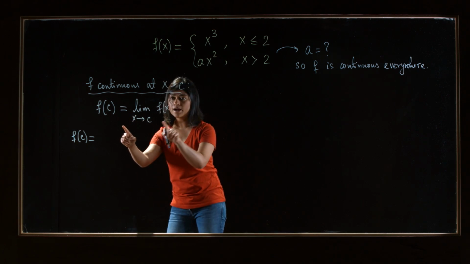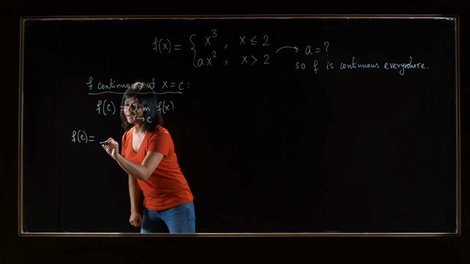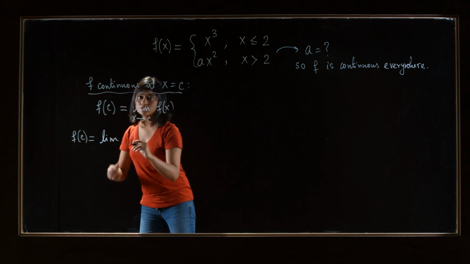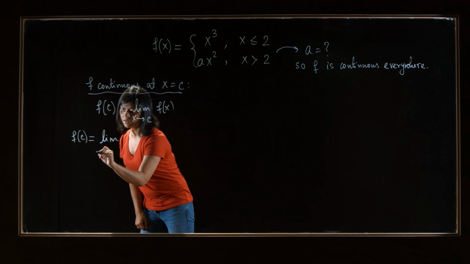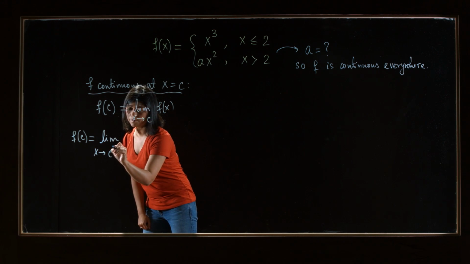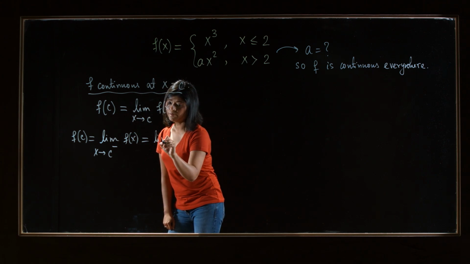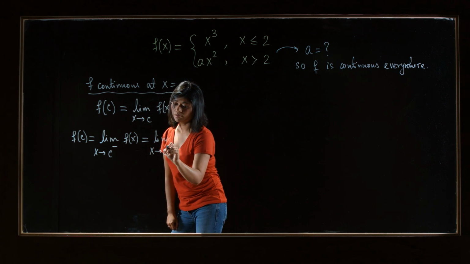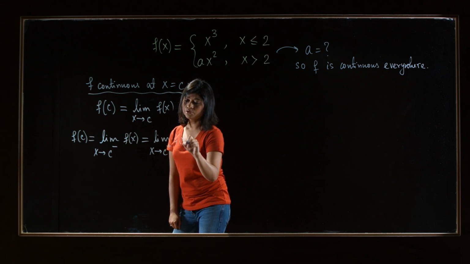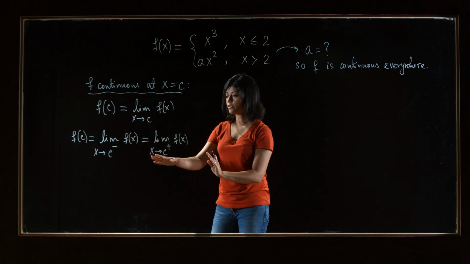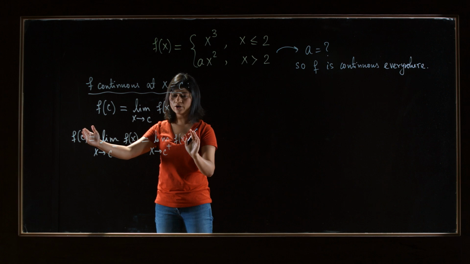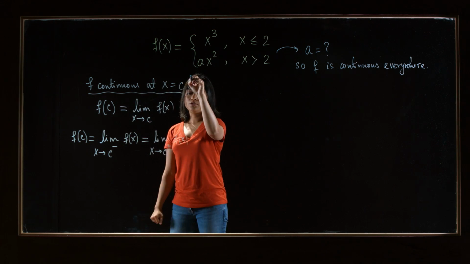So I'm just breaking up this part and writing it a little more elaborately: the limit as x approaches c from the left, and the limit as x approaches c from the right should also be equal to each other. And that's the part that we will use to solve this problem.